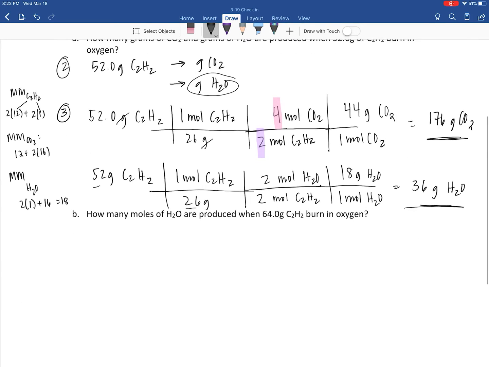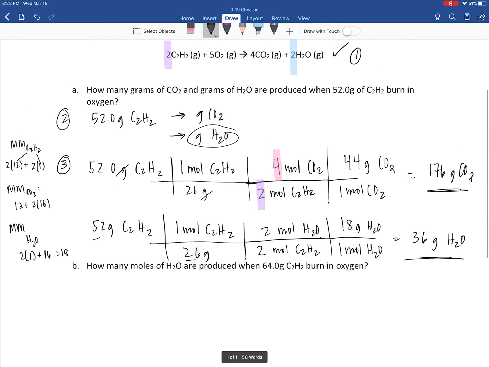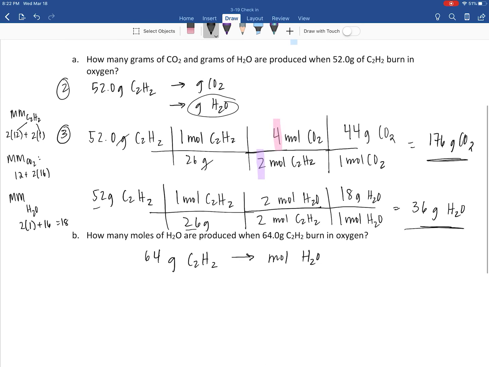The next one says how many moles of water are produced when 64 grams of C2H2 burn in oxygen. So again, we have our balanced equation, which is up here. We're trying to go from 64 grams of C2H2 to moles of H2O. Okay, so I know what I'm trying to do. Step 3 is setting up my grid.